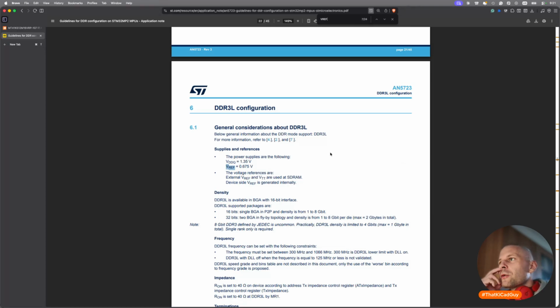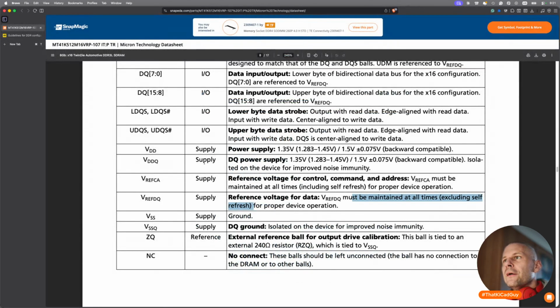General consideration about DDR3L. Device side VREF is generated internally, that makes sense.